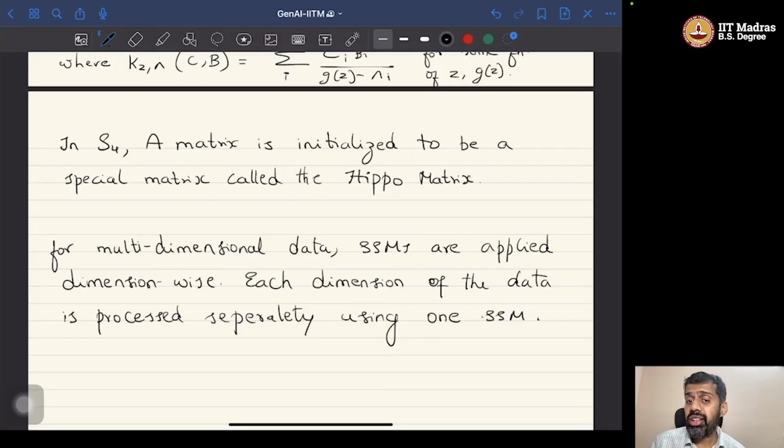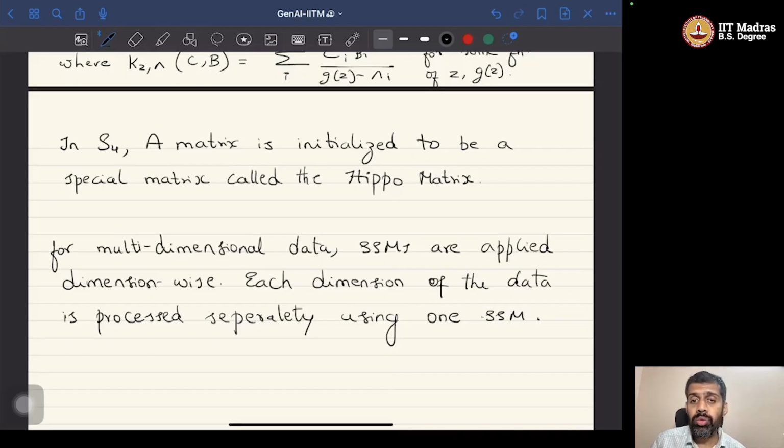Please note that in this particular instantiation of the state space model, which is called S4, there is no dependence of ABCD matrices on time, which means that ABCD matrices are shared across the temporal dimension, even though we use different state space models for each of the data dimensions, the spatial dimension. In the temporal dimension, these ABCD matrices are kept constant across every time instant.